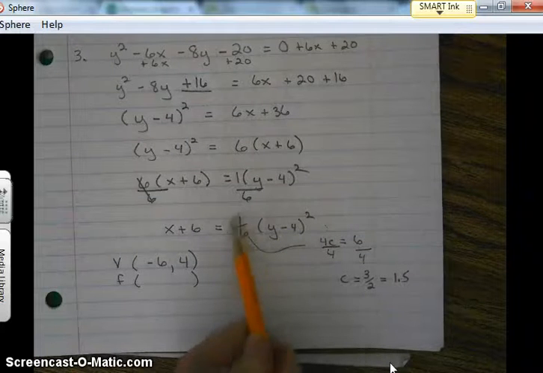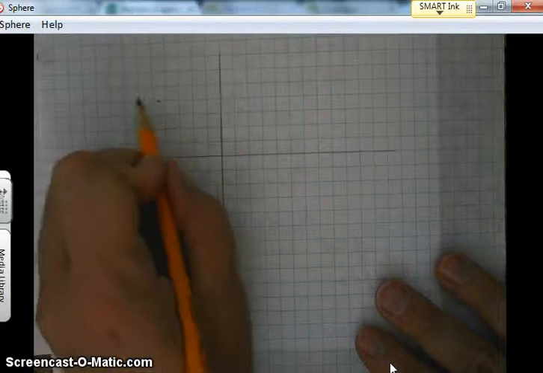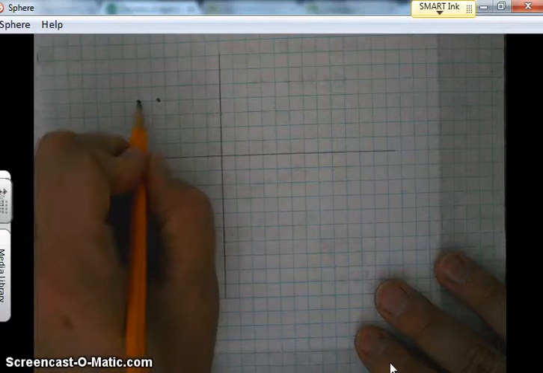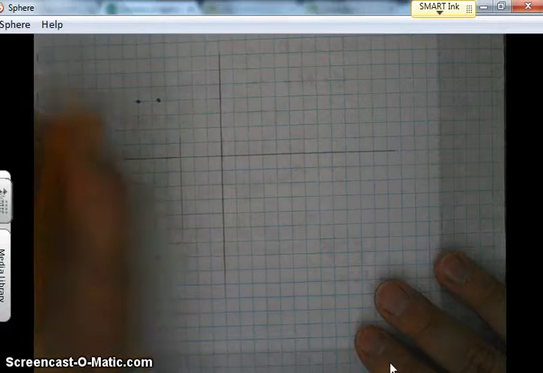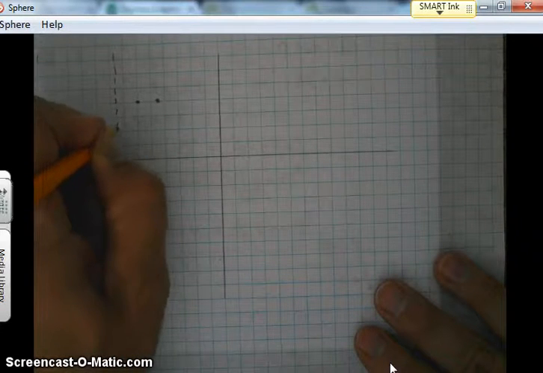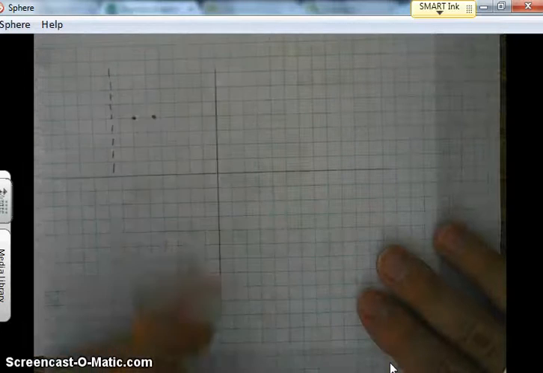And it's positive, so it's opening to the right. Okay, so we're going to go to the right 1.5 units. So there's our focus. And we're going to go to the left 1.5 units. And that's going to be our directrix. Okay, so we know it's going to open to the right.